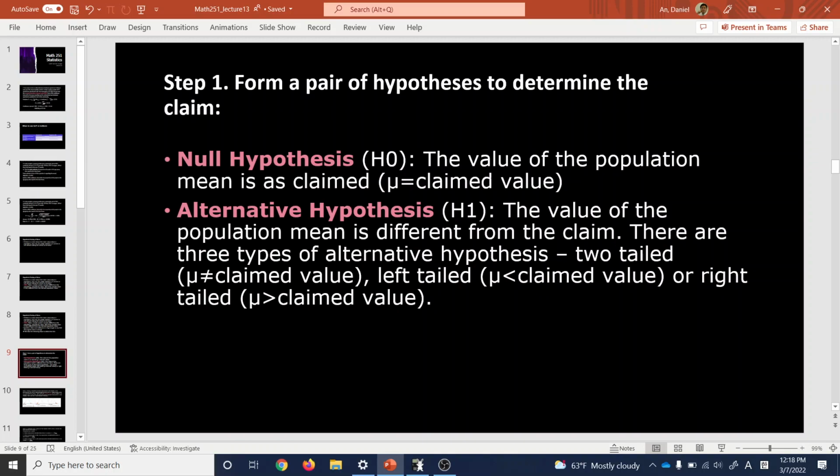But usually there's a claim or a preconceived idea that the value of the mean should be this value. So you write it as equal. And then for the alternative hypothesis, you have to choose whether to say it's not equal, or it's less, or it's more. Those are the more challenging things. So the null hypothesis is easier to figure out. The alternative needs a little bit more thinking.